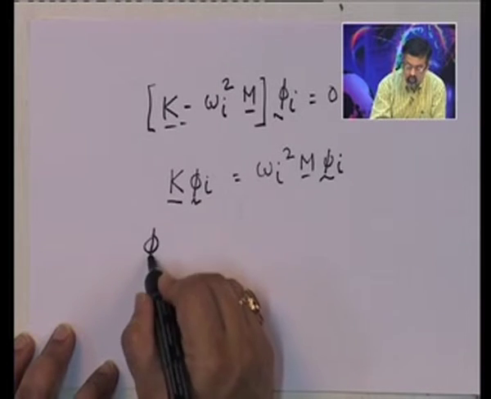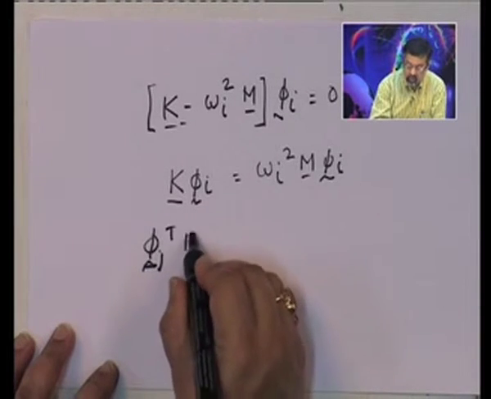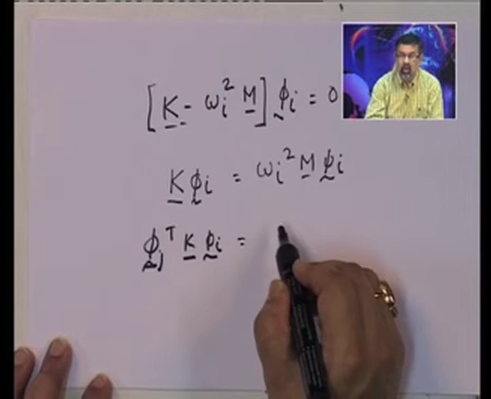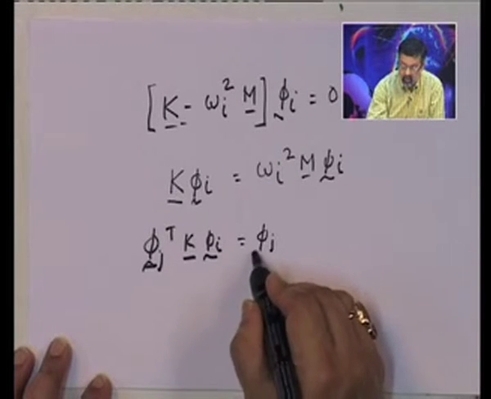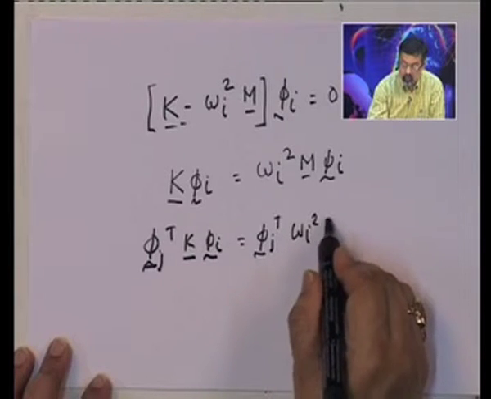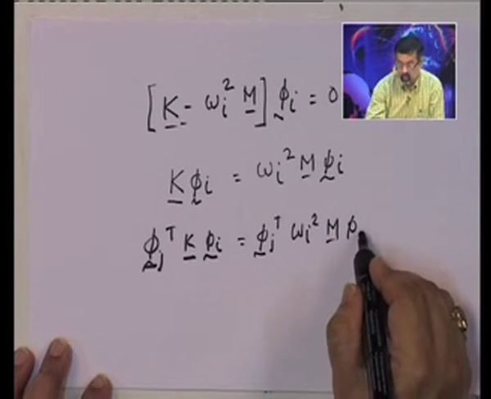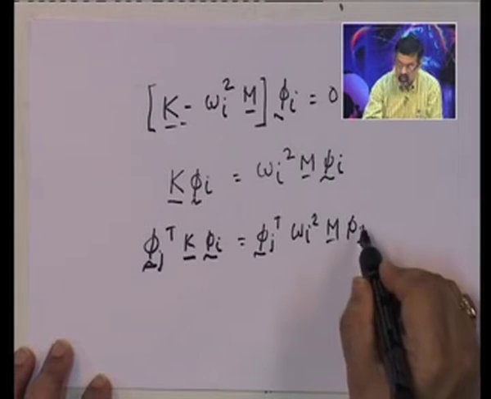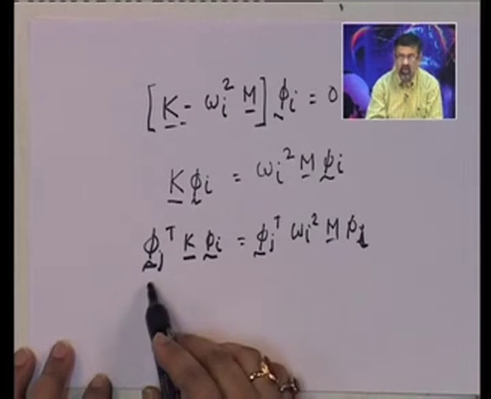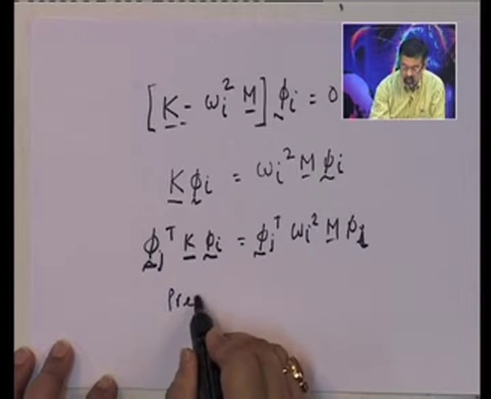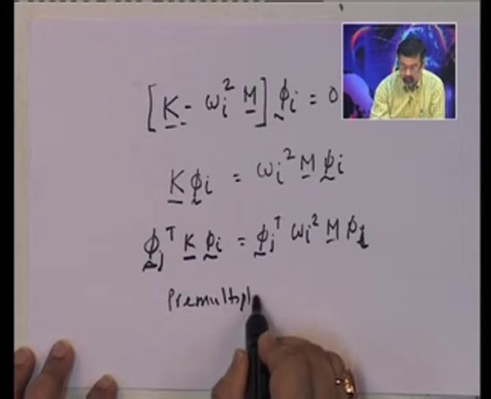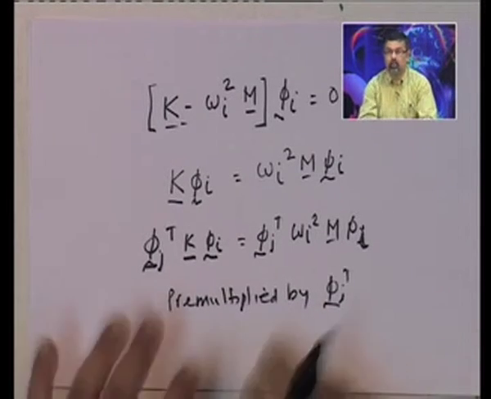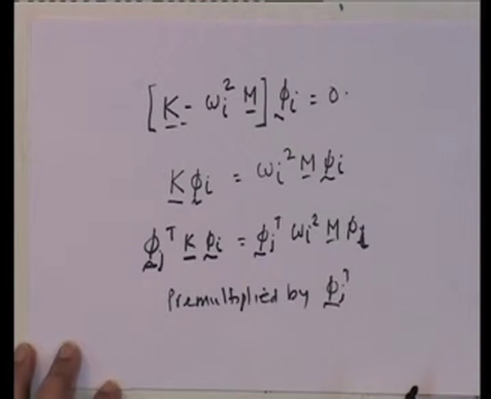Now I am going to pre-multiply both sides. I can do that as long as these are equal. What I have done is pre-multiplied both sides of the equation by phi j transpose.